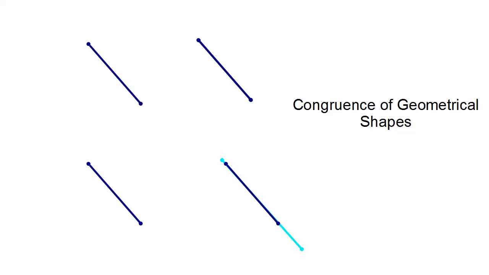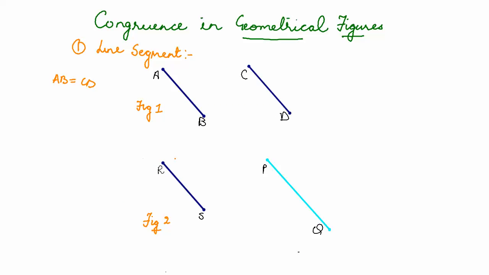But in the next picture, figure 2, RS is not getting completely overlapped, or it's not a true replica of PQ. So here we can say that AB is equal to CD, but in figure 2 the length of RS is not equal to the length of PQ.